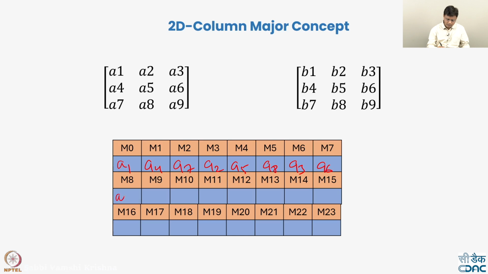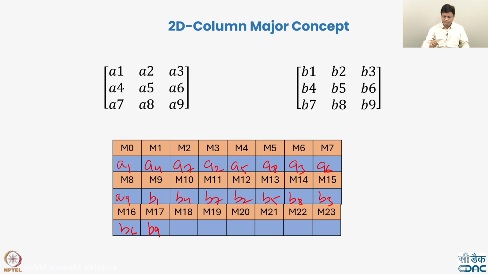This way the first 2D matrix is stored, and next it is going to store B1, B4, B7, B2, B5, B8, B3, B6 and B9.